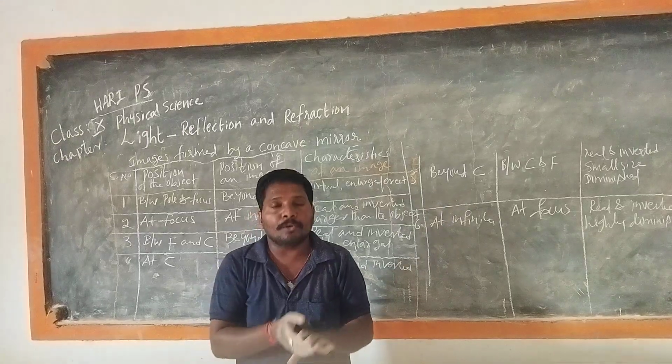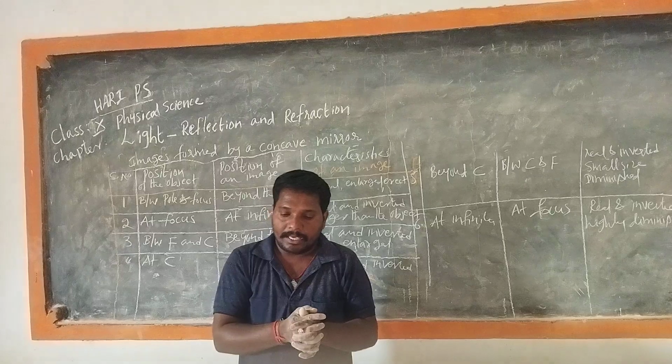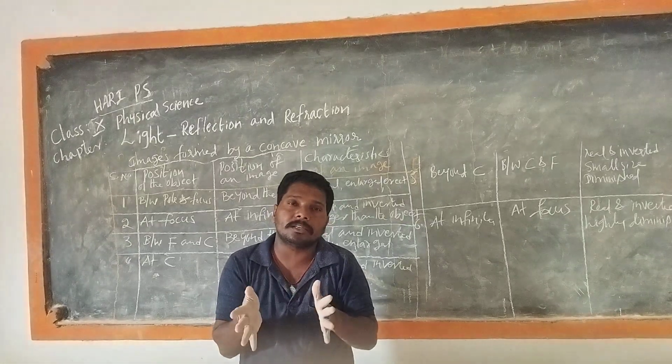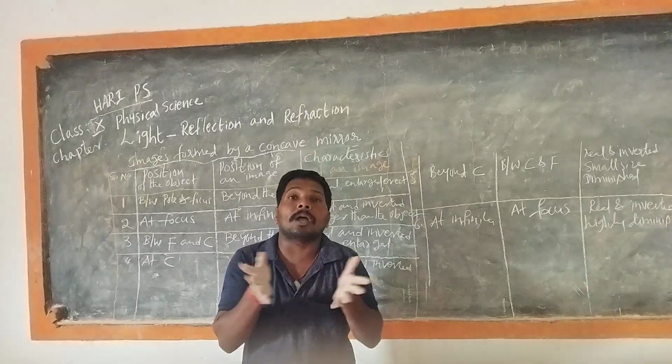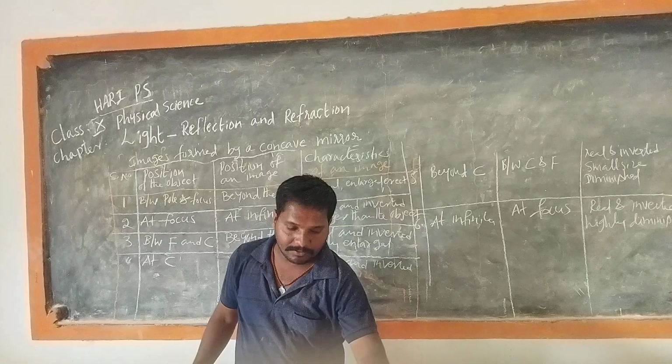Then large concave mirrors are used in the field of solar energy to make solar cookers.